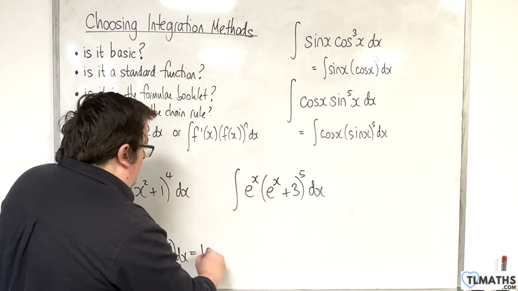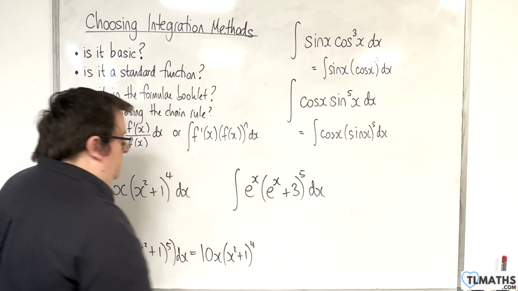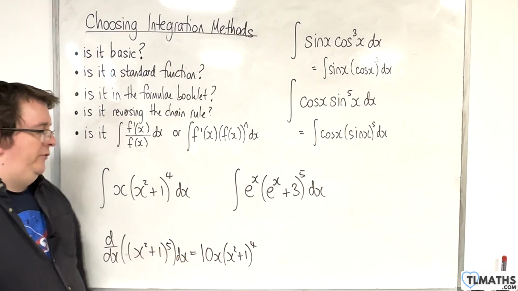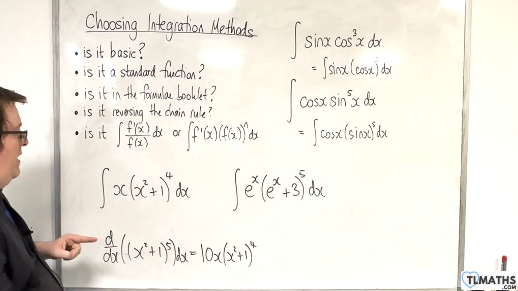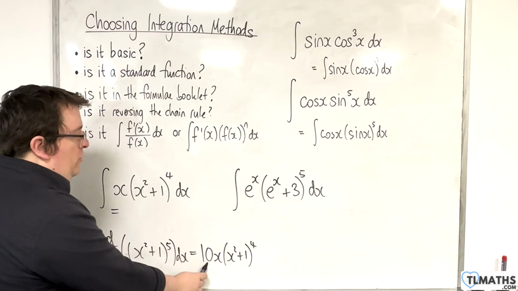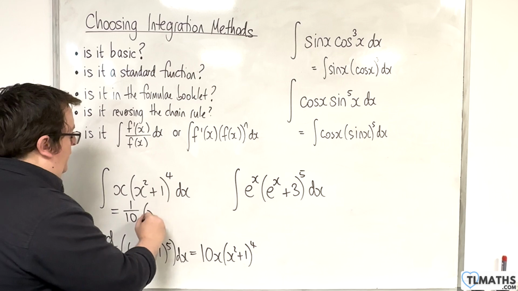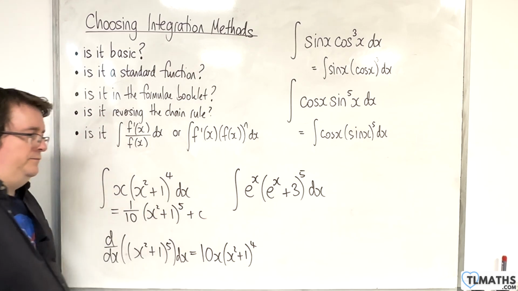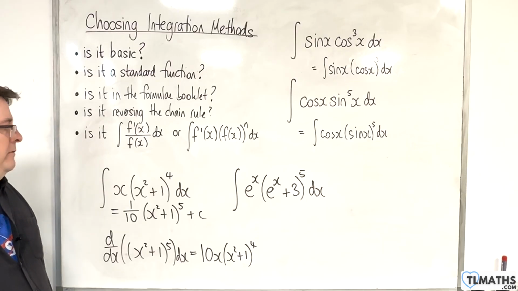So we're going to have 10x, x squared plus 1 to the 4. That's what that differentiates to. So, to integrate that, we're going to have 1 over this coefficient, 1 over 10, x squared plus 1 to the 5, plus c. And that's how we can integrate it in one line.